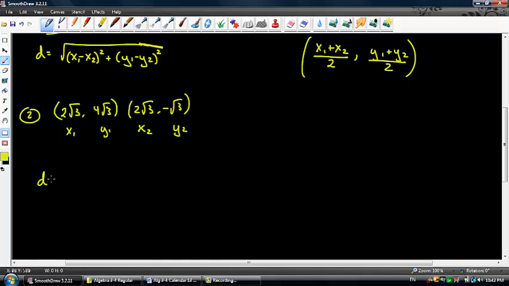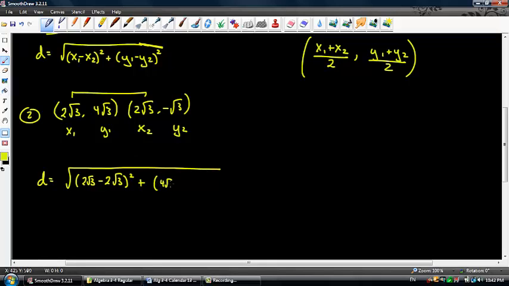So let's pump this in. D equals the square root of a lot of garbage here. We got 2 rad 3 minus 2 rad 3, quantity squared, plus 4 rad 3 minus negative rad 3, quantity squared.